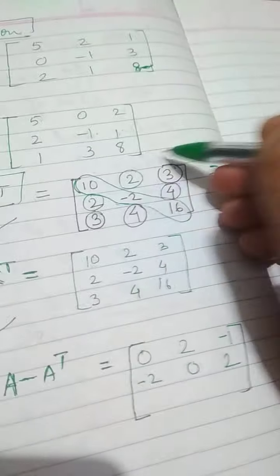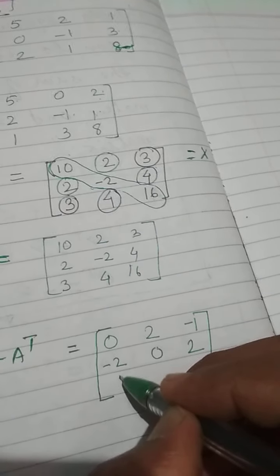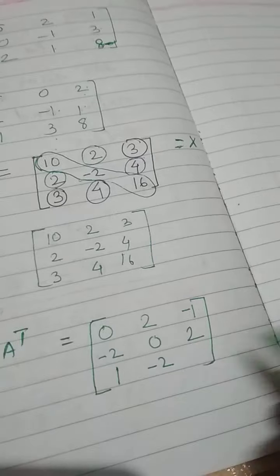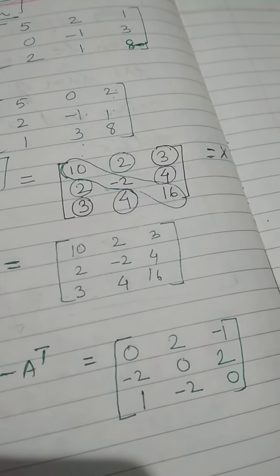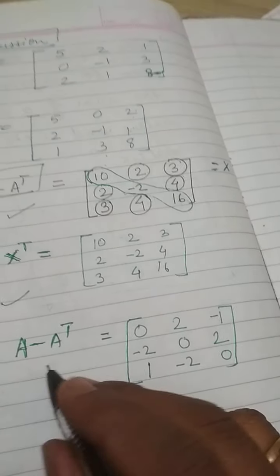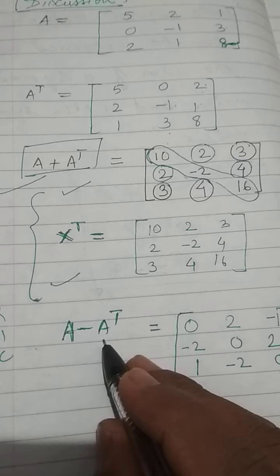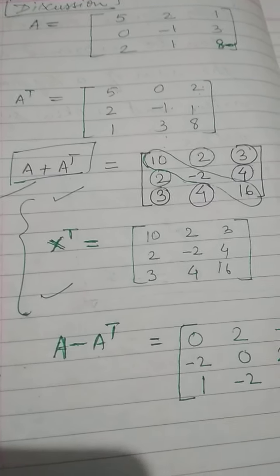Then third row minus third row. 2 minus 1 will be 1. 1 minus 3 will be minus 2. And 8 minus 8 will be 0. If you calculate the transpose of this matrix, then you will see that you are going to get negative of itself, using the definition of the skew symmetric matrix.